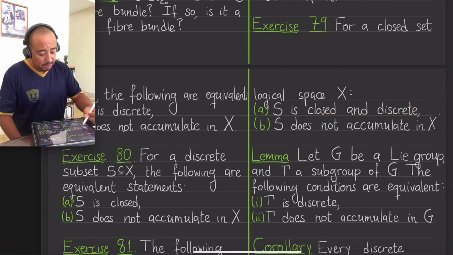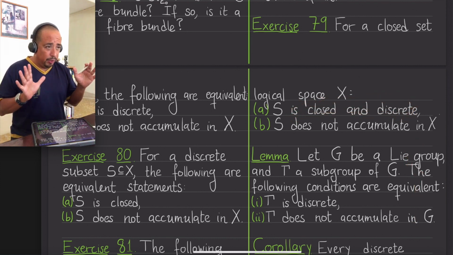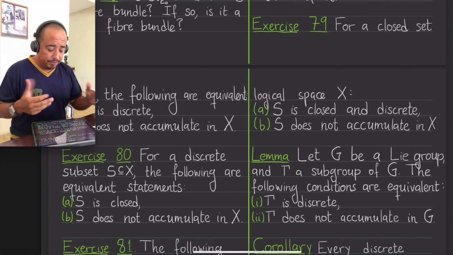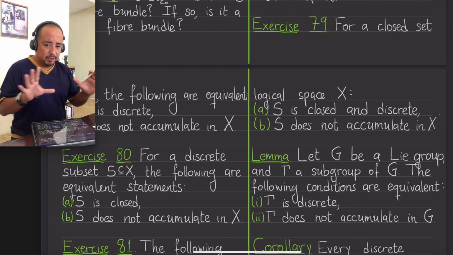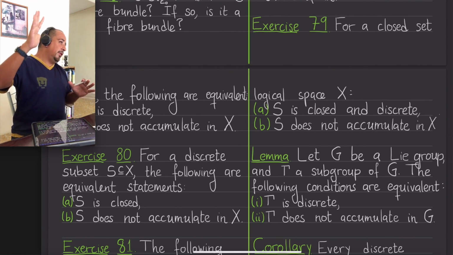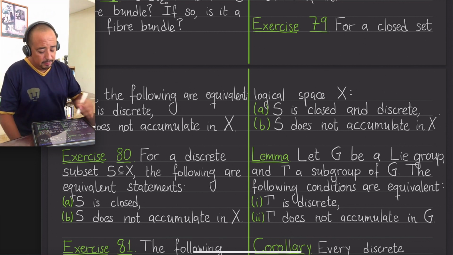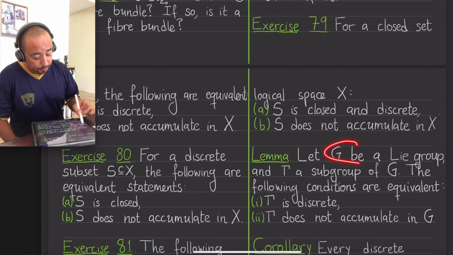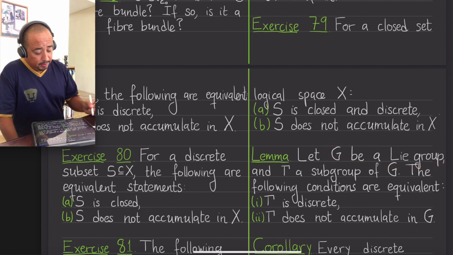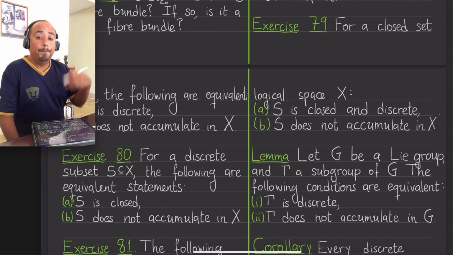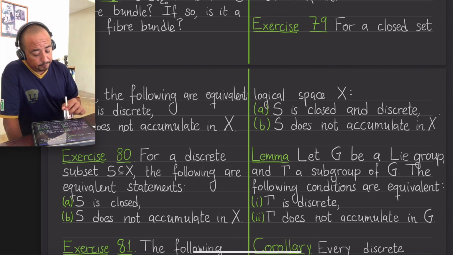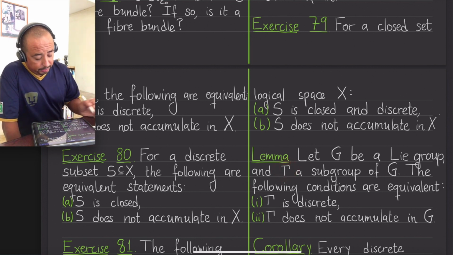Okay, so this lemma says, if you take a subgroup, then you don't have to worry about discrete subsets that maybe have accumulation points in the total space. That is, if you have a Lie group G, SL2R is a Lie group, PSL2R is a Lie group, and you have a subgroup, then the following two conditions are equivalent.